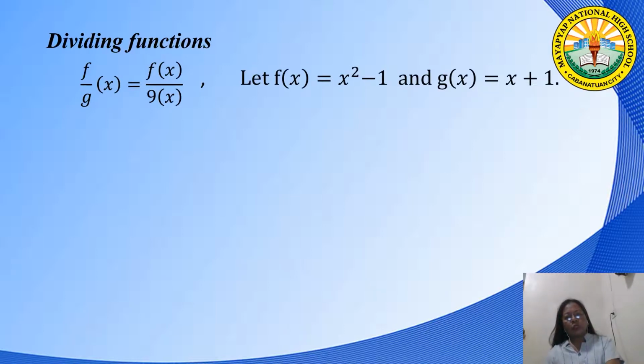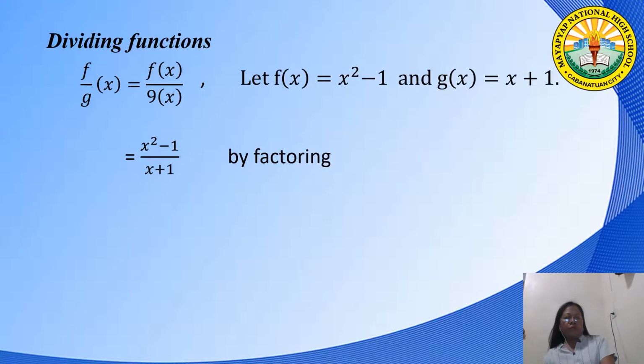Let us use the same functions given in multiplying function. f of x equals x squared minus 1 and g of x equals x plus 1. So you replace f of x by x squared minus 1 and g of x by x plus 1.